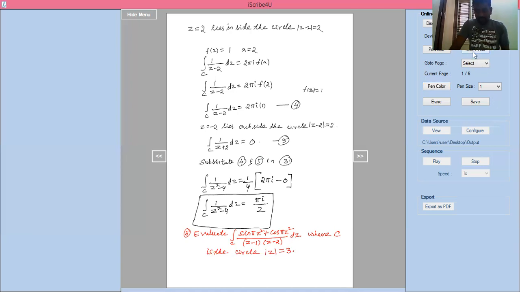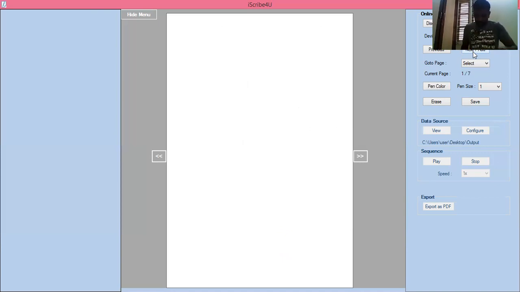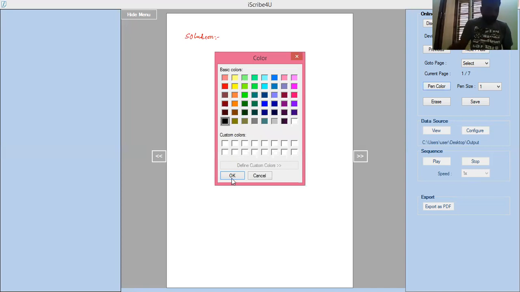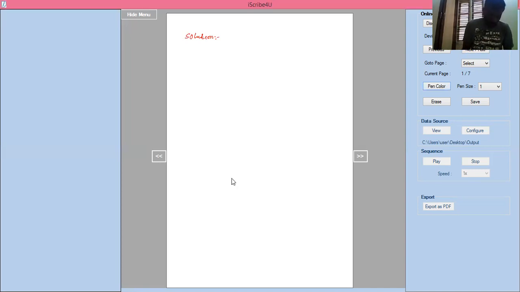First I'll resolve 1 divided by z minus 1 into z minus 2 into partial fractions.